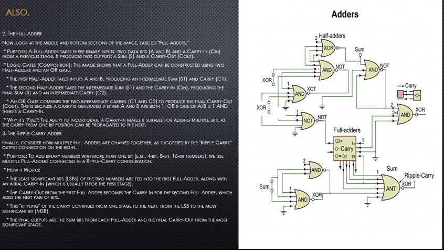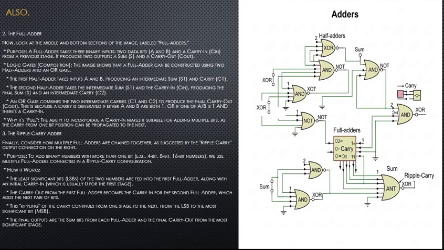An OR gate combines the two intermediate carries C1 and C2 to produce the final carry output, which is the Cout. This is because a carry is generated if either A and B are both 1, or if one of A XOR B is 1 and there is a carry in.